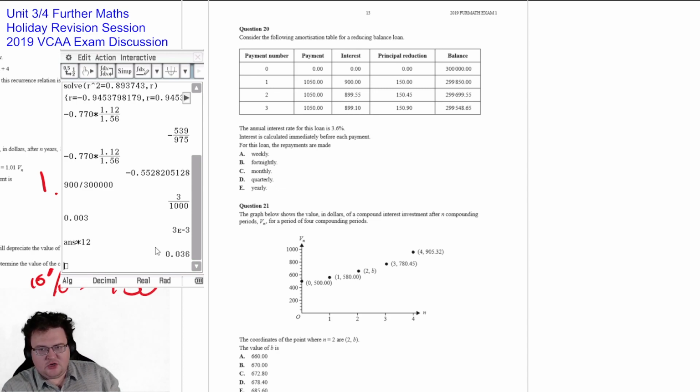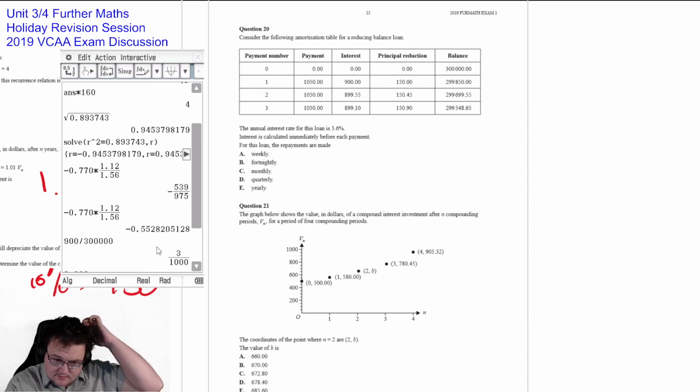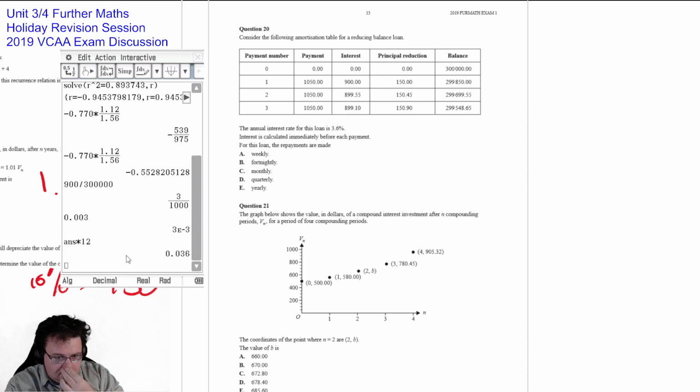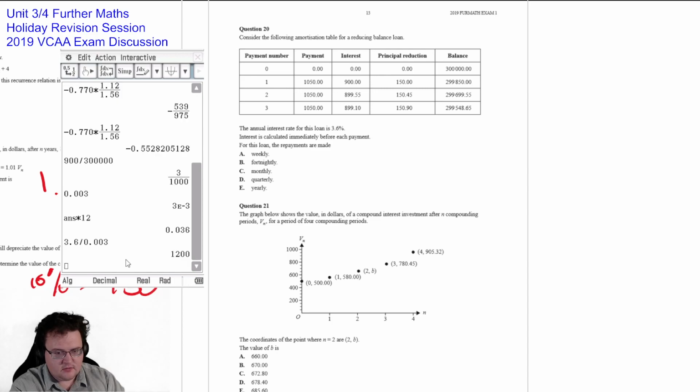So interest divided by the balance, and then figure out how that connects to 3.6. What you could have done was 3.6 divided by 0.003.